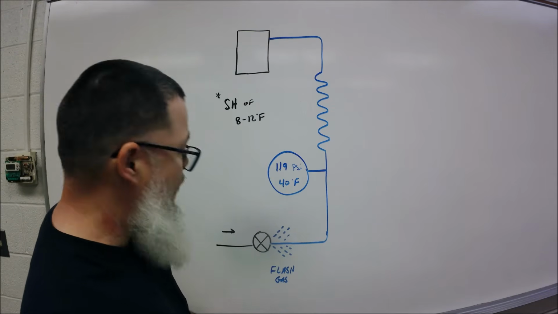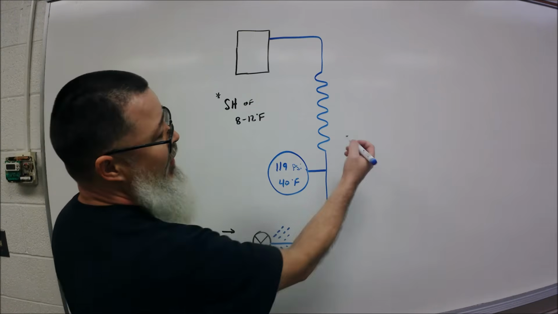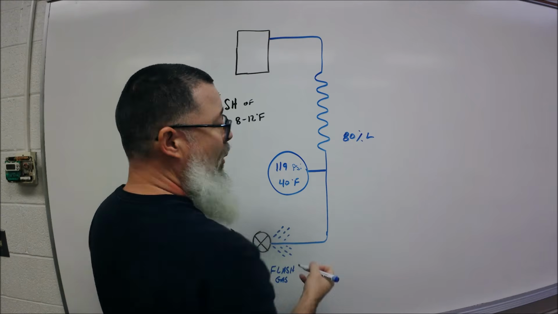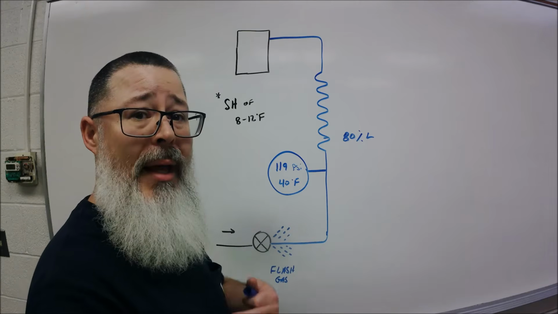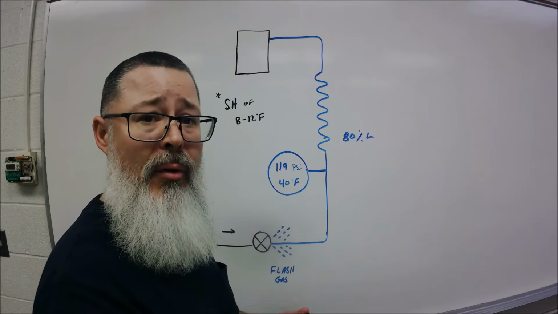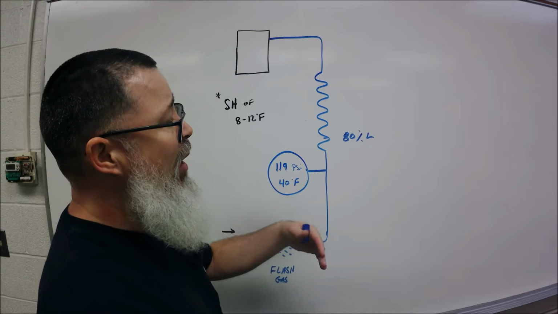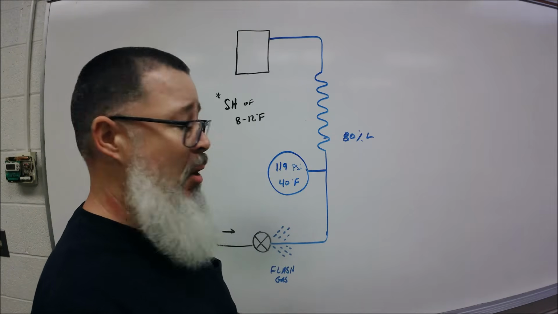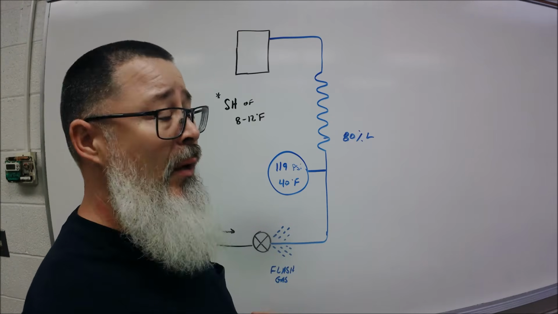So if we said it was mostly liquid right here, say 80% liquid going in at this point, as we get into the coil and that fin coil, more surface area for the airflow to go through and across and more heat to absorb, it's easier. Then eventually we're going to change all that liquid into a vapor. So we start out with mostly liquid, but we'll end with hopefully all vapor.